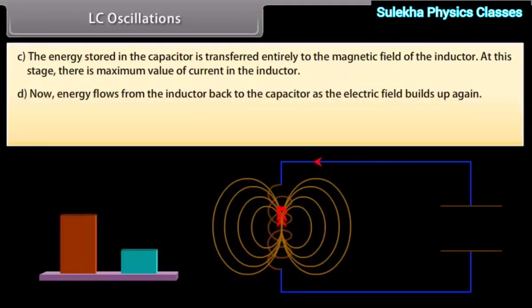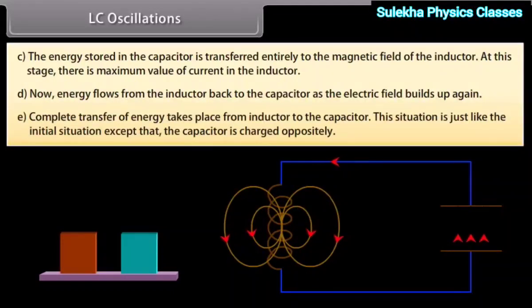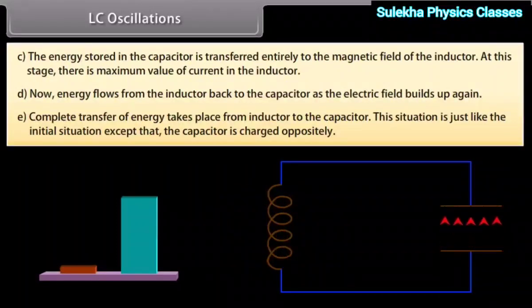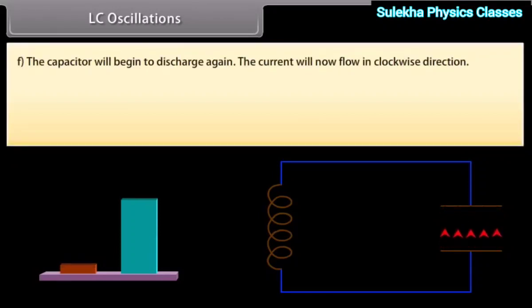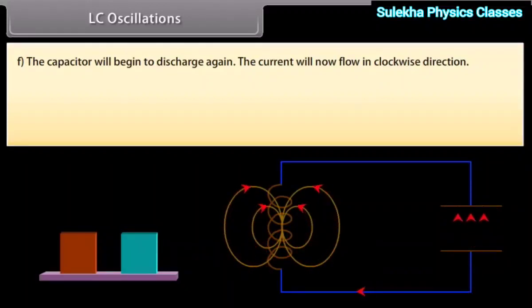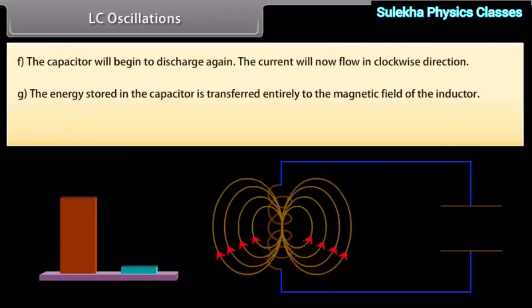Now, energy flows from the inductor back to the capacitor as the electric field builds up again. Complete transfer of energy takes place from inductor to the capacitor. This situation is just like the initial situation except that the capacitor is charged oppositely. The capacitor will begin to discharge again. The current will now flow in the clockwise direction. The energy stored in the capacitor is transferred entirely to the magnetic field of the inductor.